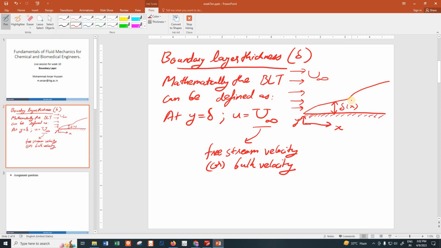Now this can be divided into two sections: the laminar boundary layer and the turbulent boundary layer.